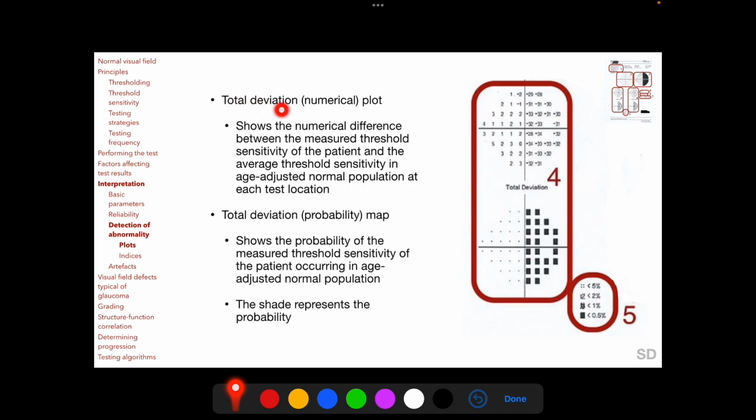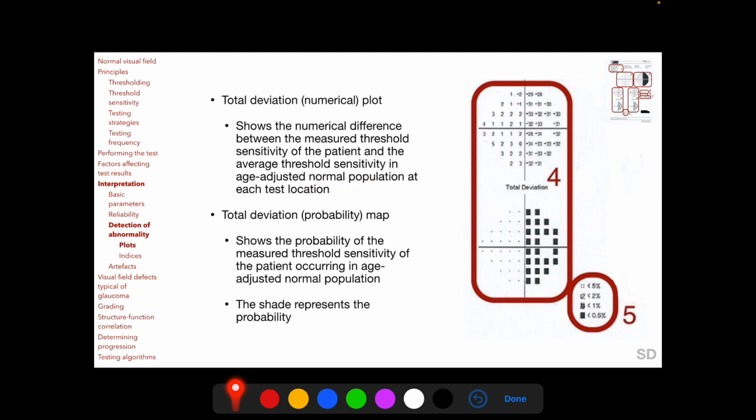The total deviation plots and maps are located in this sector of the test report, and we have a numerical total deviation plot and a probability total deviation map. The numerical total deviation plot shows the numerical difference between the measured threshold sensitivity of the patient and the average threshold sensitivity in age-adjusted normal population at each test location.